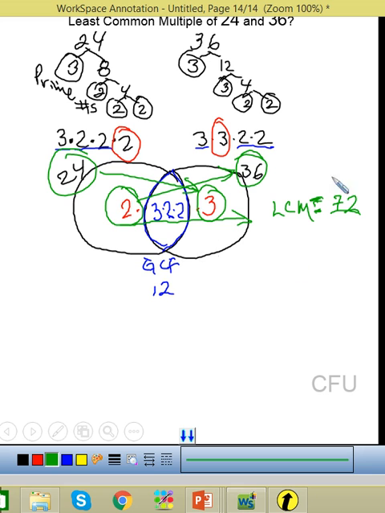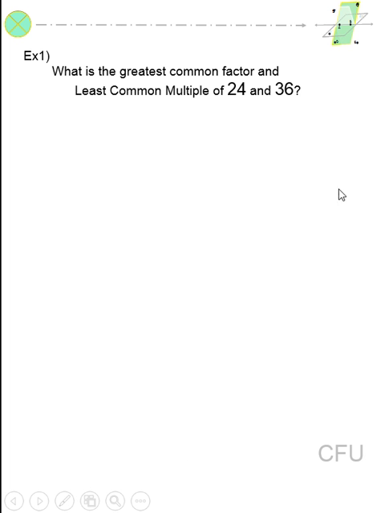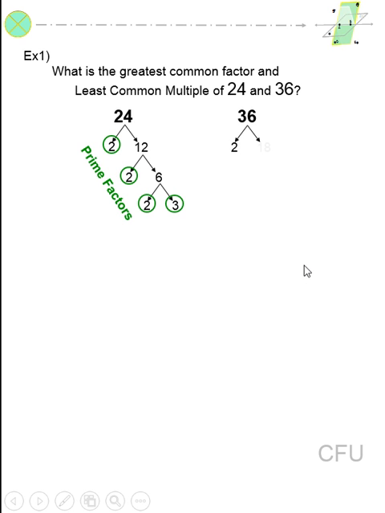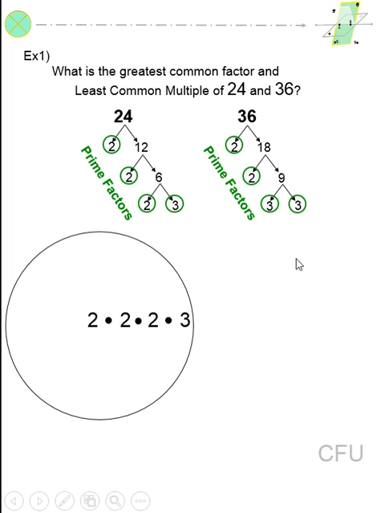Now, I did some animation for this slide because some people don't understand why we only write 3 times 2 times 2 once in the center. So here we go. Let me show you the animation part. So we find first the prime factors. Here's my Venn. Let me zoom out.